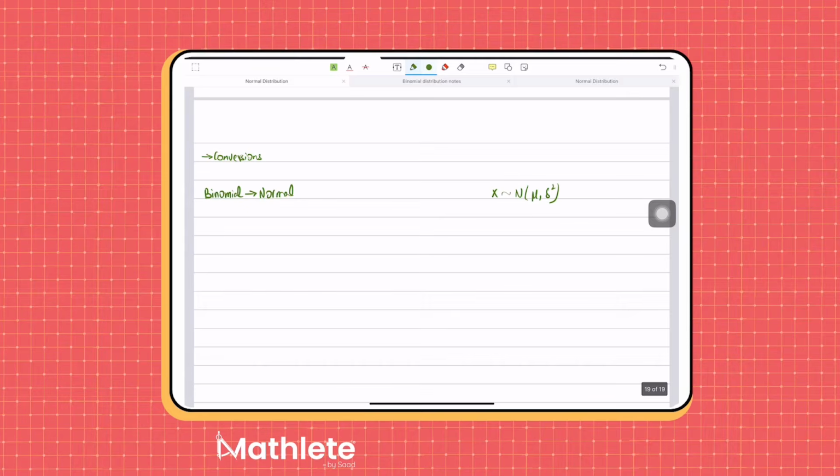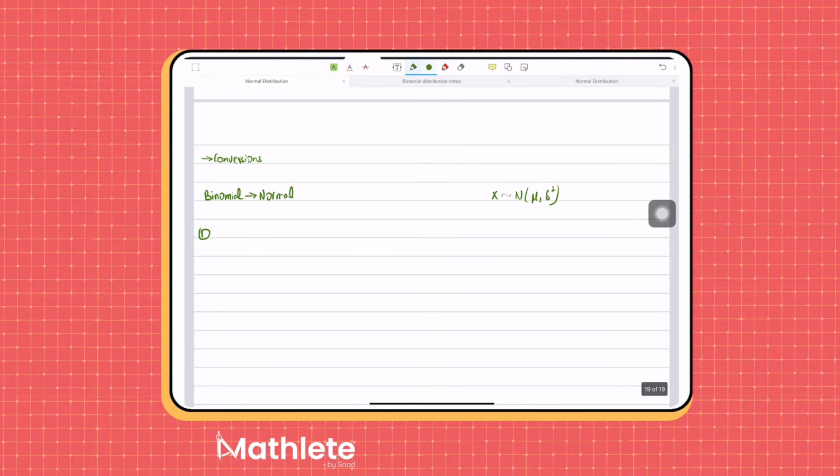Now what are the conditions? Condition number 1: n, the number of trials, must be greater than 30. That means if you're dealing with 30 trials or fewer, it's safe to apply binomial distribution, but the second you have more than 30 trials, like 50, 80, 100, it's best that you convert it to normal distribution.